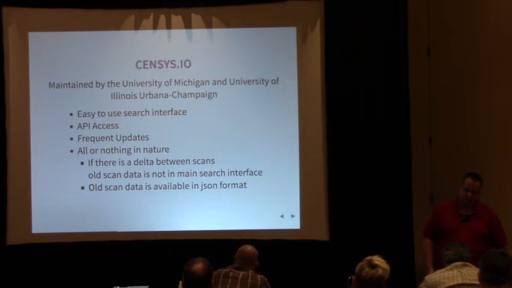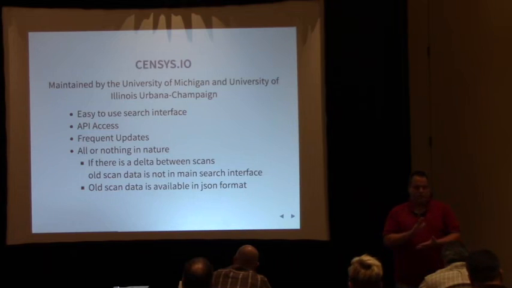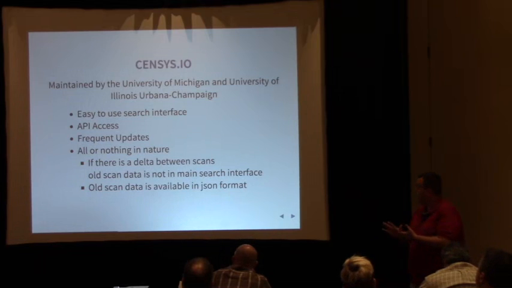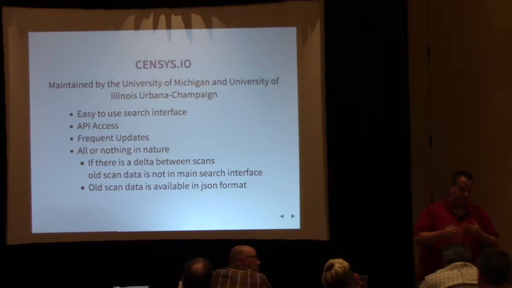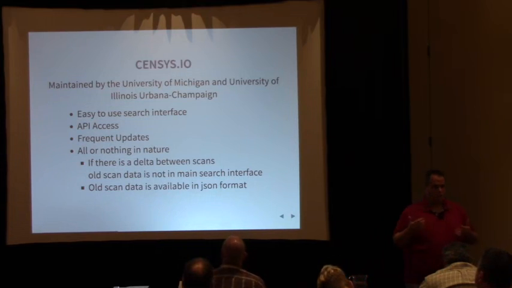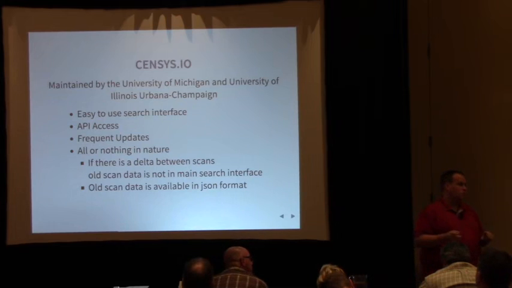Then there's Census.io. So this is a joint project with the University of Michigan. I listed on the slide University of Illinois Urbana-Champaign. I've used this, it's been around since October of last year. What's interesting is Census.io, all the University of Michigan scans, that's also on Scans.io's website.